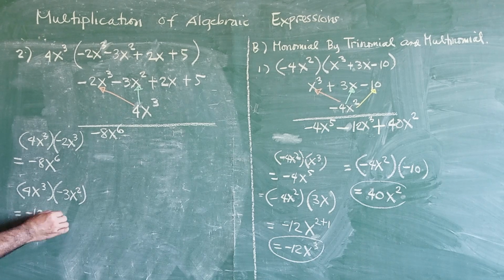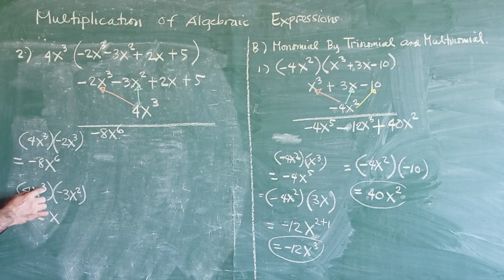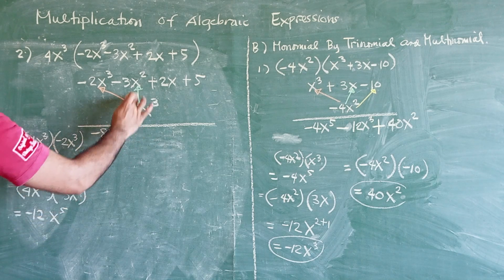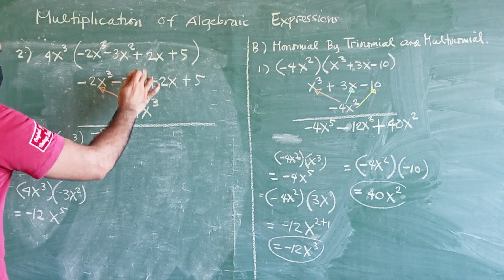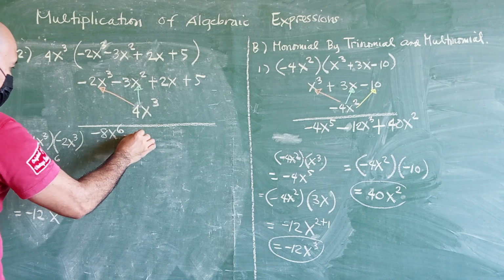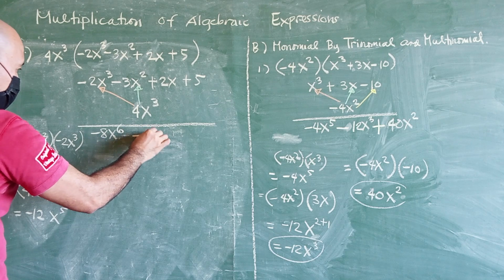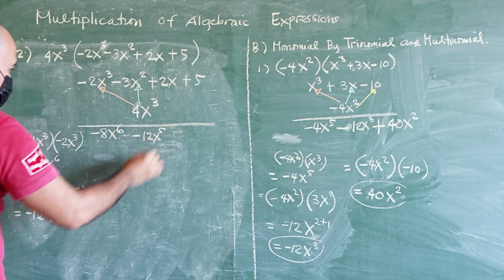Just bring down the common variable x, and then add the exponents, the first exponent is 3, the second is 2, and added together, that is 5. So therefore, 4x cubed times negative 3x squared is negative 12x raised to the power of 5.